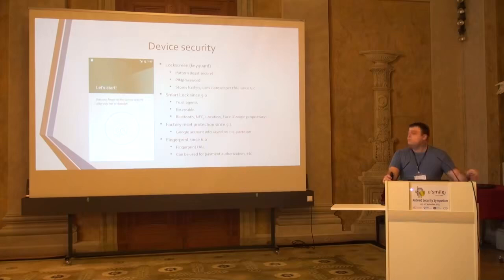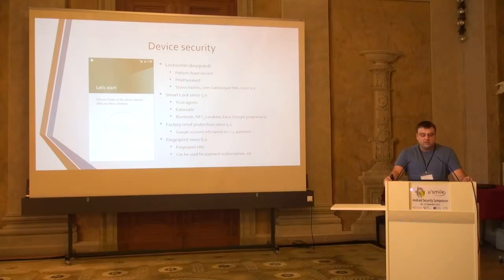Device security, of course, traditionally, lock screen, first only pattern, then PIN and password. Up till Android M, it simply stored the hash of your PIN and password. In Android 6, there is a gatekeeper HAL, which is a hardware abstraction layer for storing and enrolling passwords and PINs, so it can be hardware-backed and more secure if the device supports it.